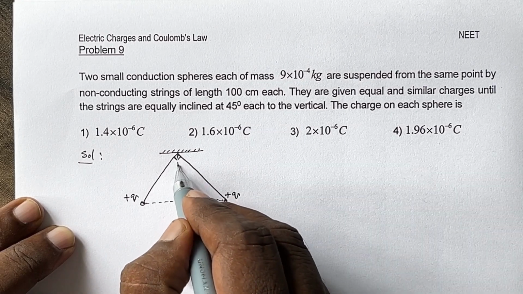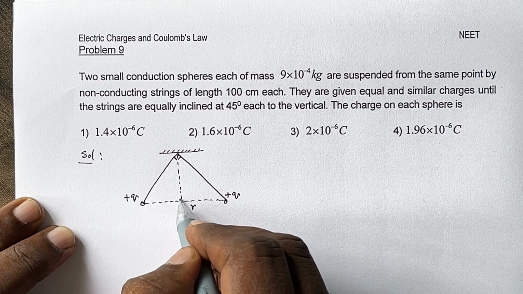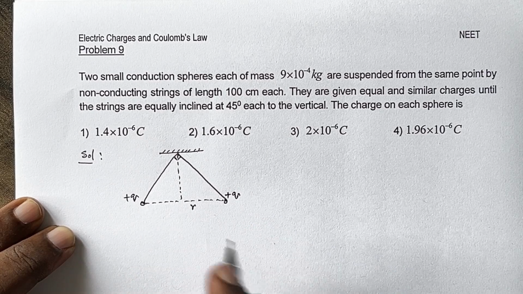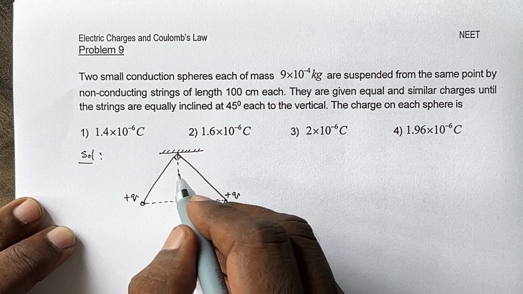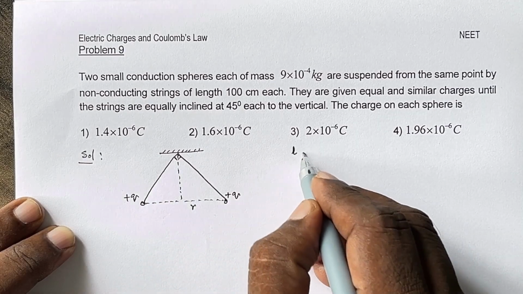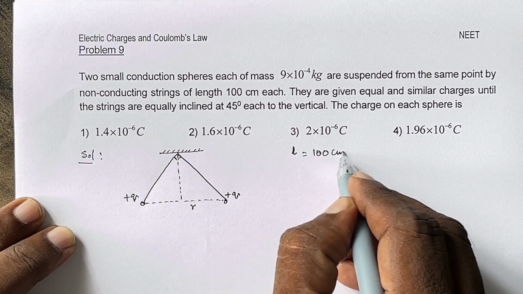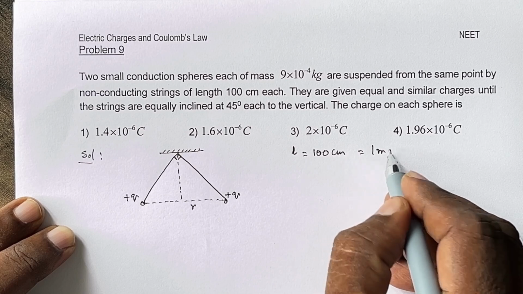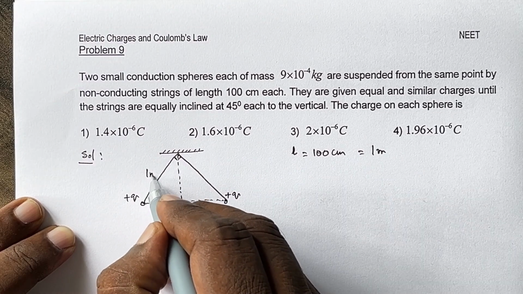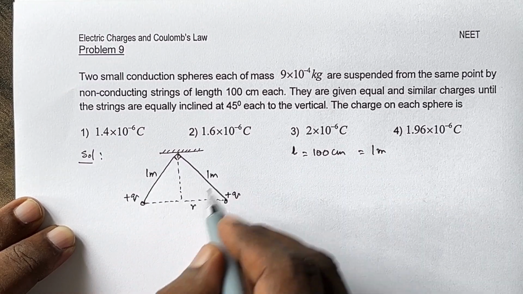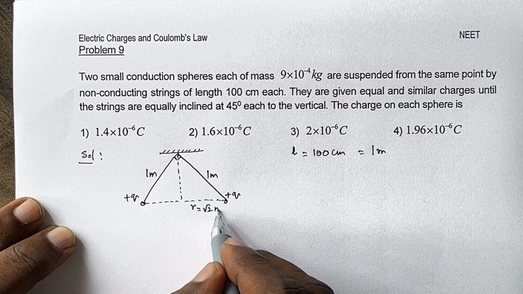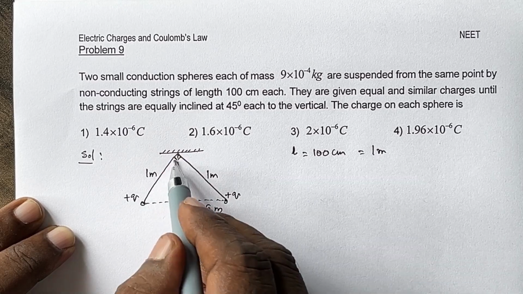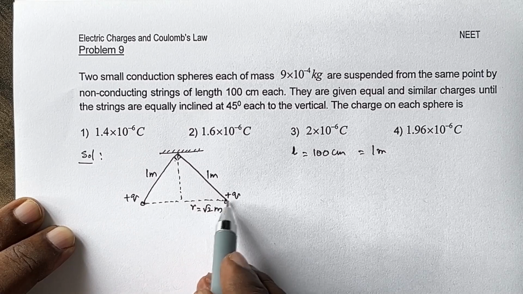We can draw a normal which bisects these two. Each non-conducting string is 100 centimeter, that is equal to 1 meter. So this is 1 meter, this is 1 meter, then r is equal to root 2 meter, because it is a right angle triangle and r is the hypotenuse.